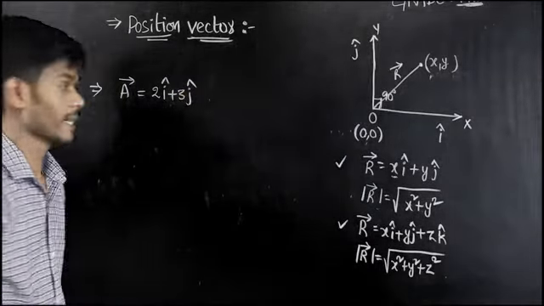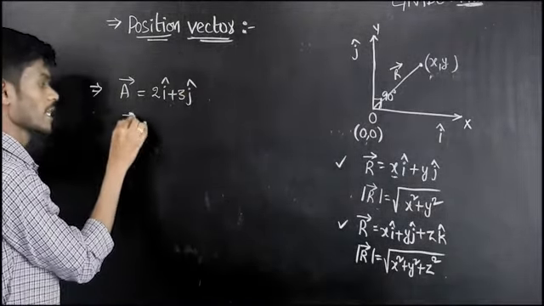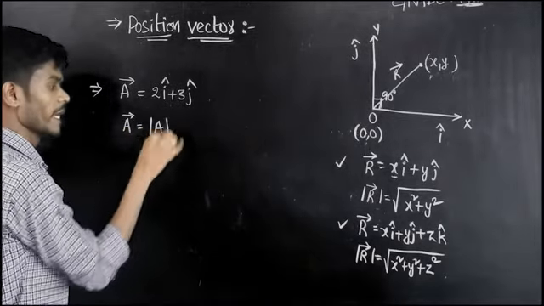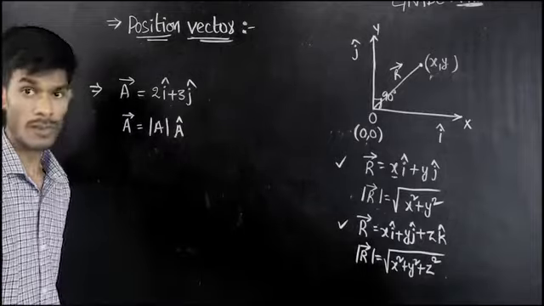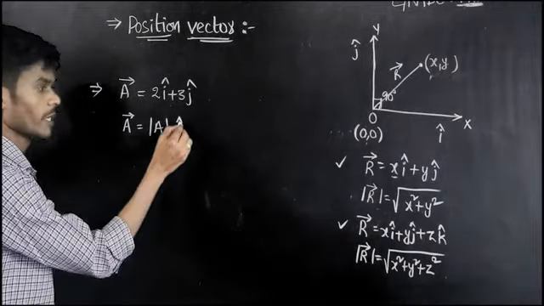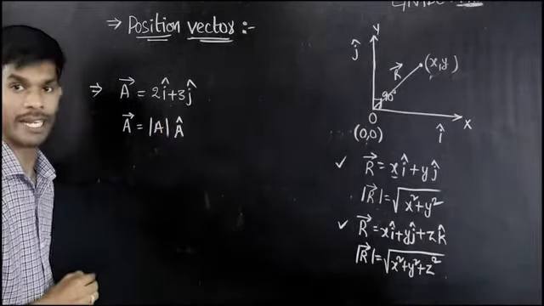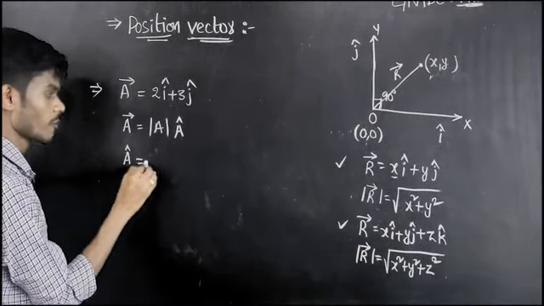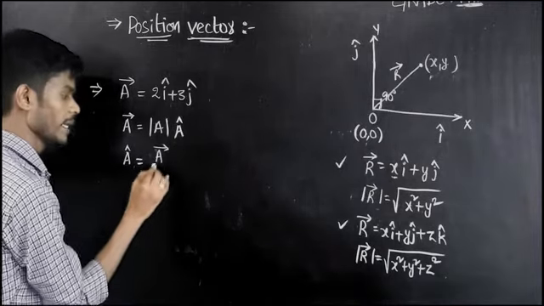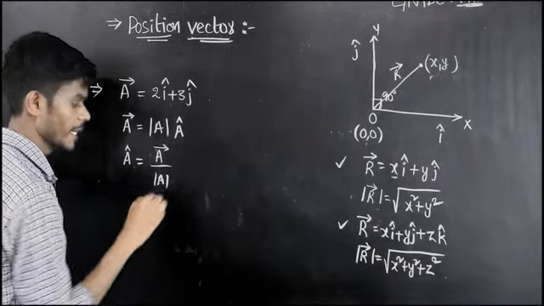Here the vector can be represented as a bar is equal to modulus of a, the magnitude of a, multiplied by a cap. So here a cap is the unit vector. If you want to write a cap alone, a cap is equal to a bar by modulus of a.